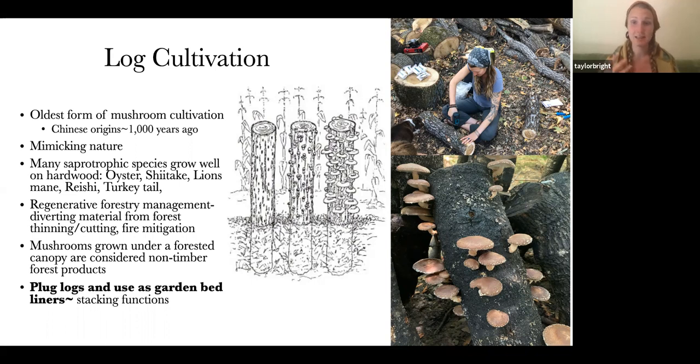And then eventually the fungal mycelium will eat its way through all that wood, and then the fungi will fruit out, just like you can see in this picture of some logs at our mushroom farm. These are shiitake growing right out of a log that we planted.